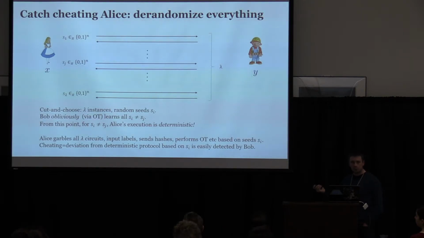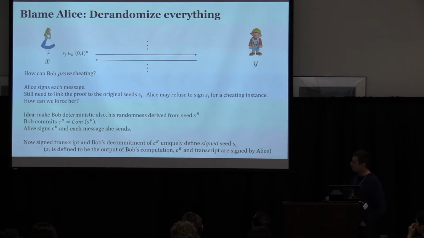Alice's execution is deterministic once we know the Si. We detect cheating simply by reproducing what Alice should have done based on the seed that we received. If it's not exactly the same as the messages we received, then Alice is cheating. So cheating is a deviation from the deterministic protocol.